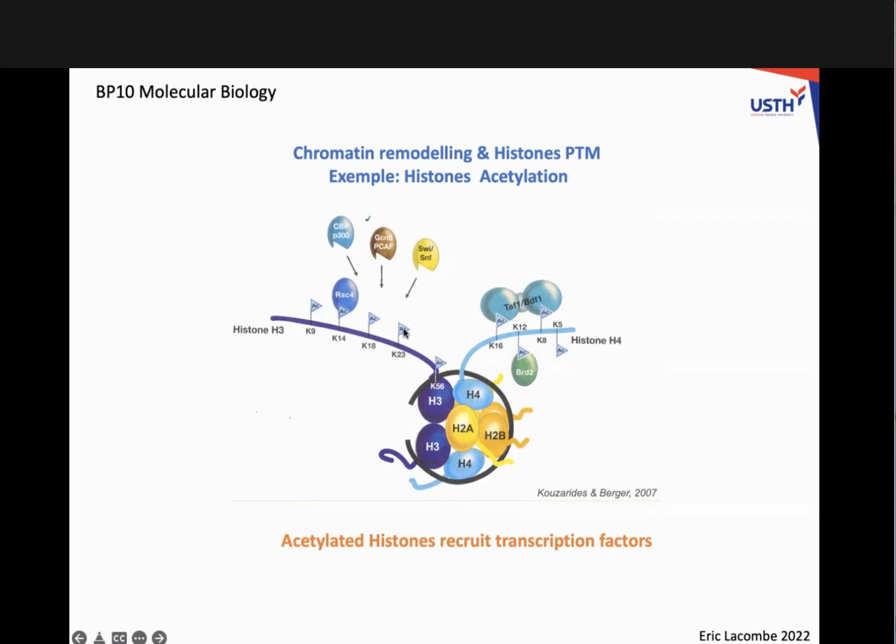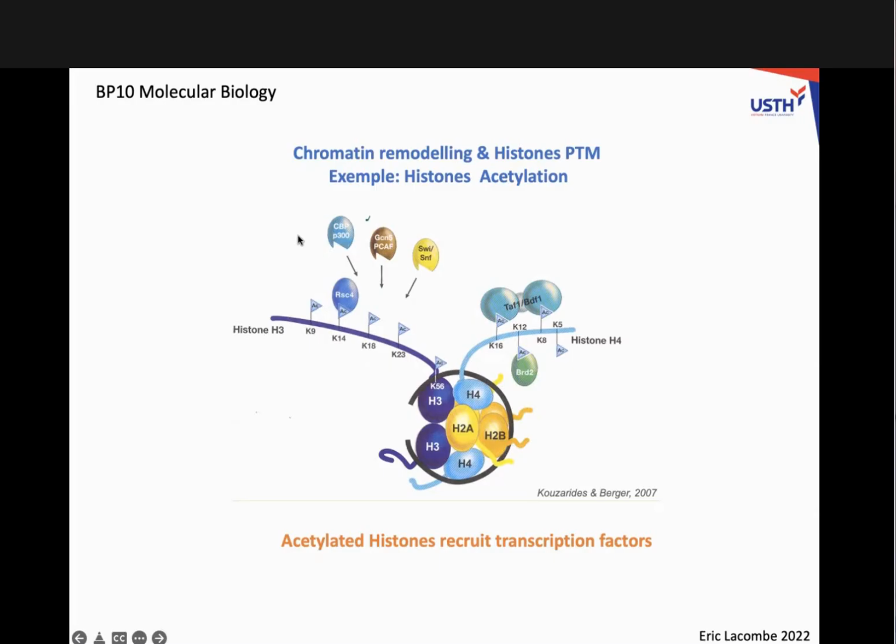This is why I was talking to you before about the writers and the readers. The writer proteins are the proteins that are writing the mark. So the writing of an acetyl is achieved by an acetyltransferase. These are the writers of the marks. And then the readers are the complexes that are going to be able to find this modification and that will have a consequence.